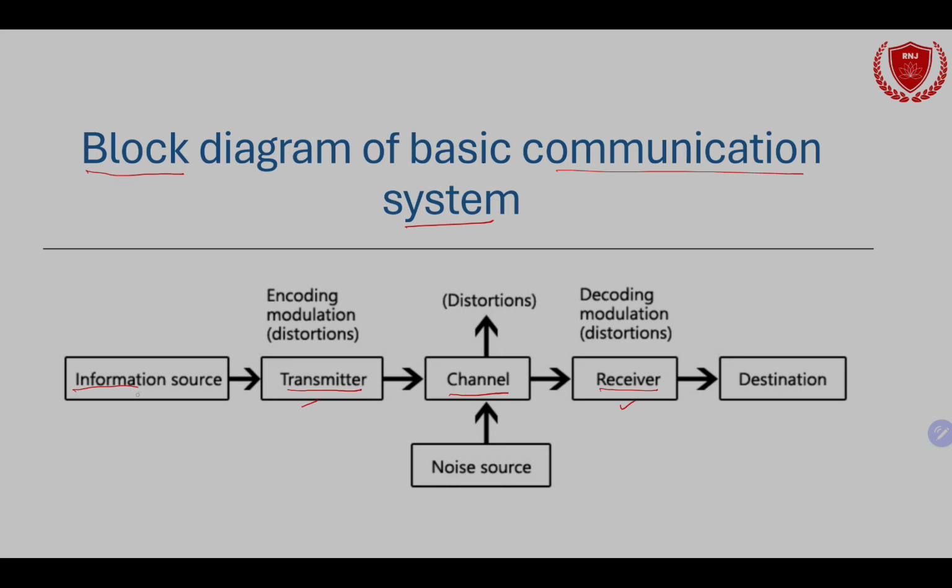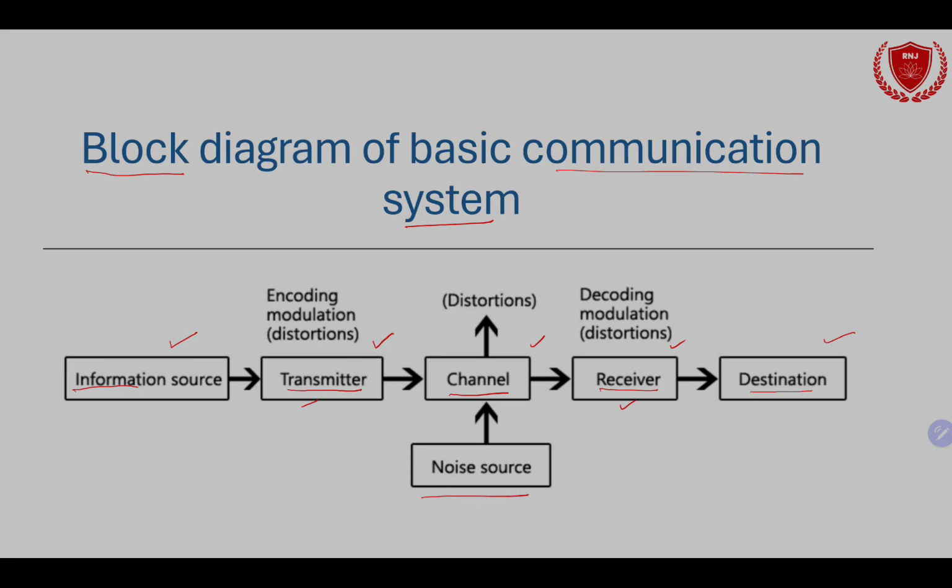So first is the information, and then you all will be the destination, up to whom I am trying to deliver the information, right? So the blocks are fixed: information, transmitter, channel, receiver and destination, and in between comes the noise source.